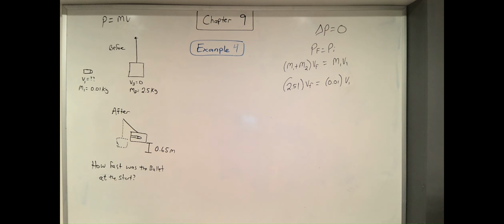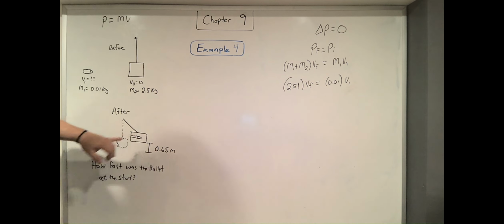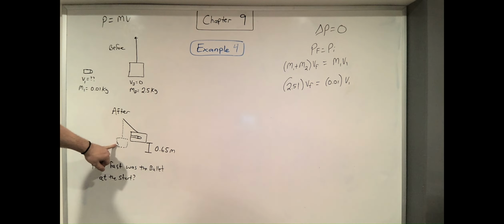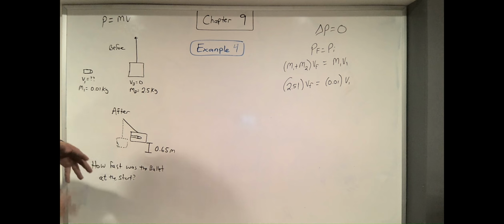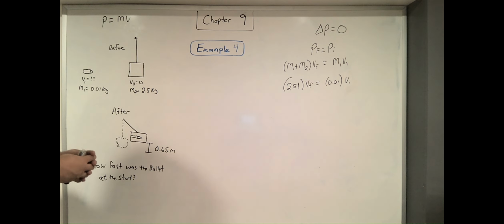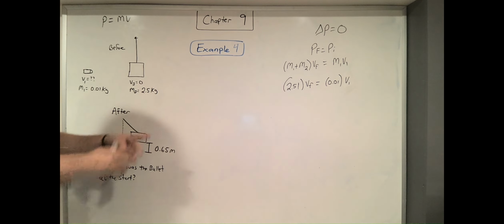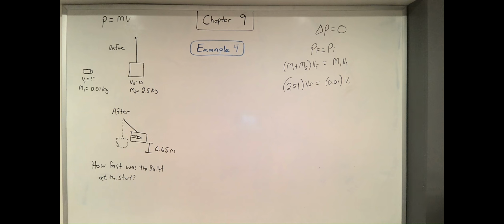If we look back at our previous example with the car and the truck, they had a velocity when they had merged and entangled. They had a velocity that they traveled along with. The same will happen here. It will embed itself into the block of wood, and then it will continue with the velocity. What does it do with that velocity as it continues? Well, it changes into potential energy. It changes into a rise in potential energy.